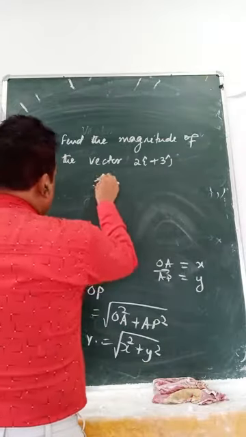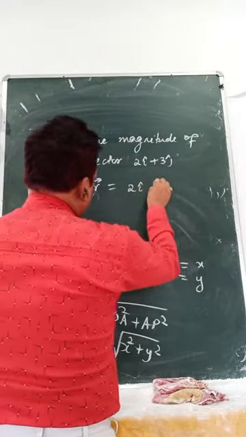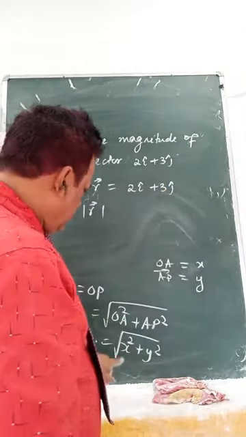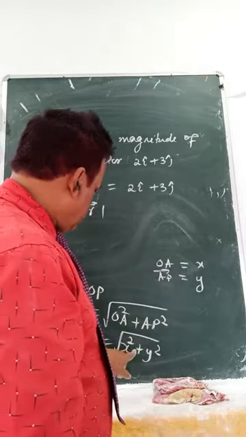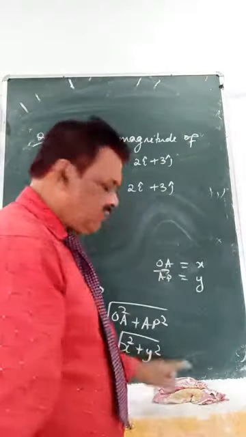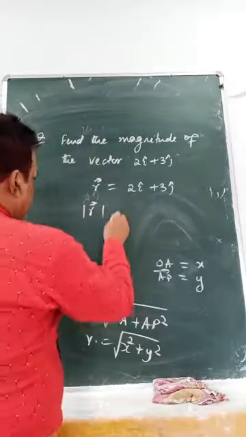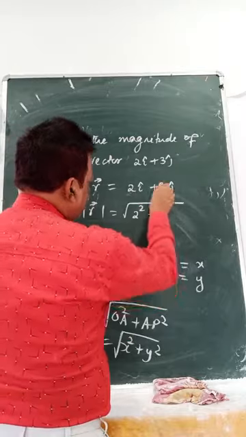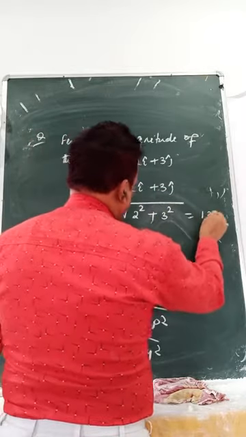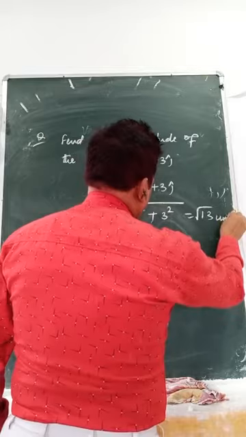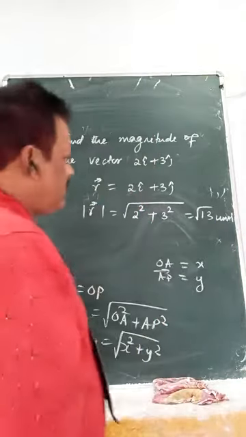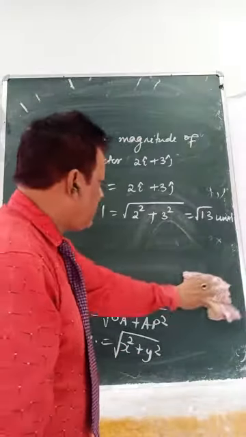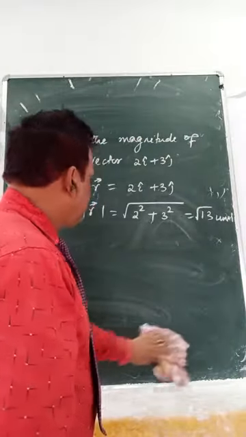R vector equals to 2i plus 3j. R modulus. Look at what are you writing? X component and y component you are taking with square. That means scalar component is 2 here. Root over 2 square plus 3 square, root 13. Unit. Okay. Got a point?